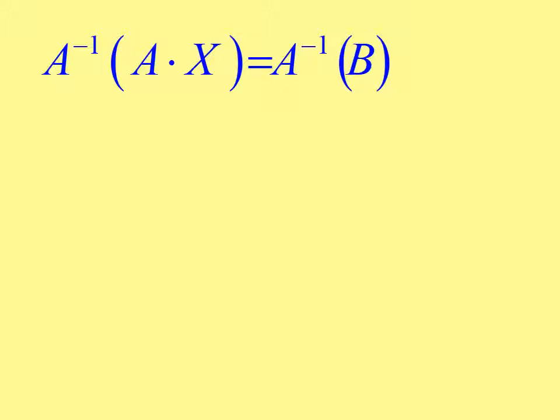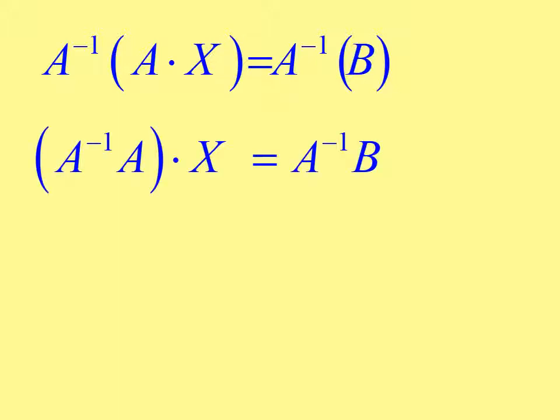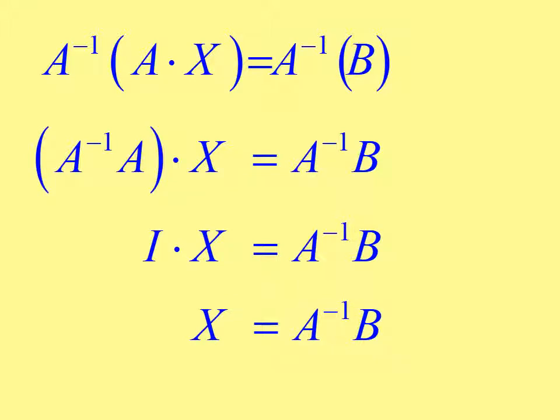So we put the A inverse on the left on both the left side and right side of the equation. Now on the left side, the A inverse times the A comes out to be the identity matrix, which gives us just the X. And the right side just comes out to be A inverse times B. And so that is the solution to the matrix equation.